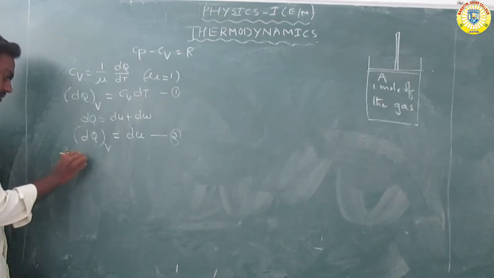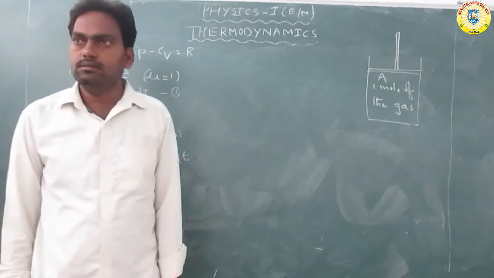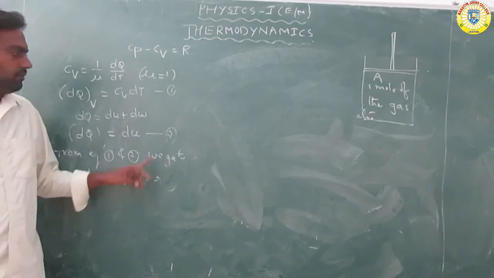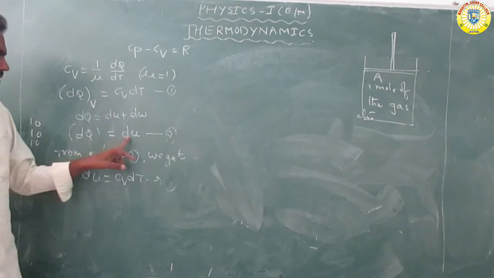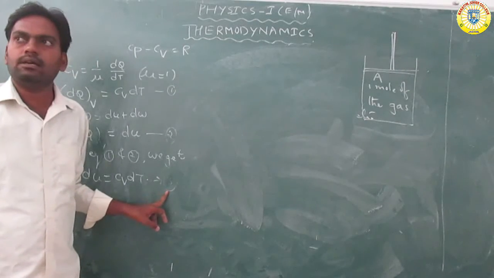From equations 1 and 2, comparing the two, we get du is equal to Cv dt. This is equation 3.